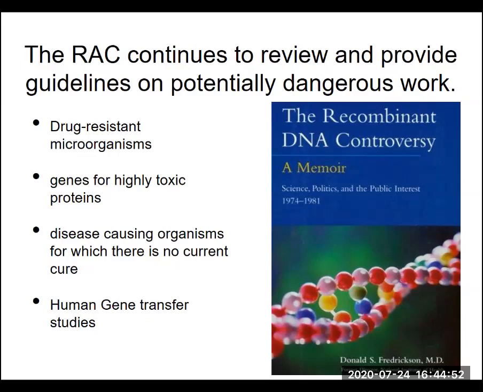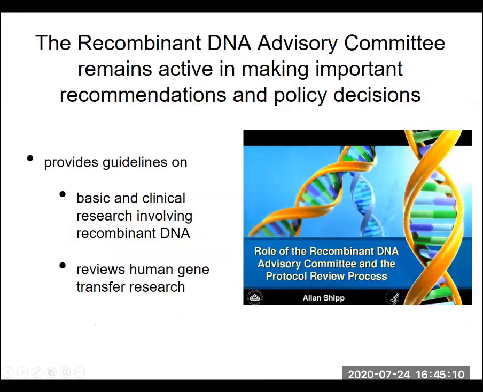And they're also taking a look at human gene transfer, which is going to be important next week when we start talking about gene therapy and the methods associated with making changes to the human genome in a way to hopefully correct a disease process. Now, the Recombinant DNA Advisory Committee, the RAC, remains active in making these recommendations.